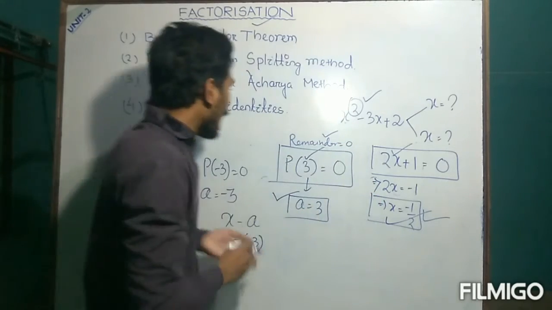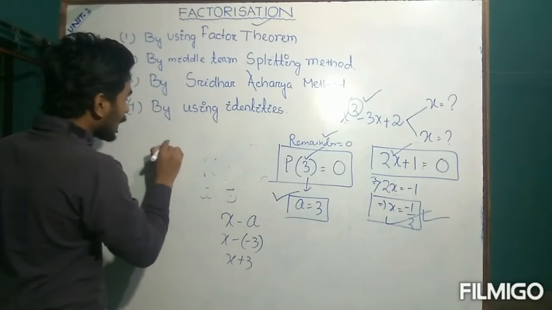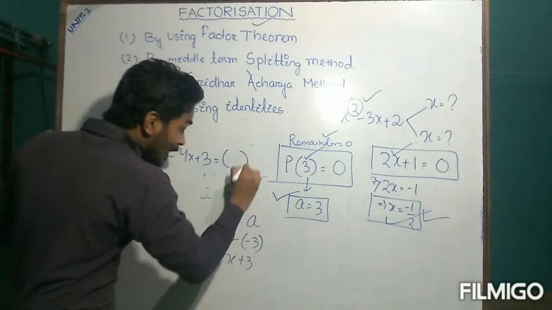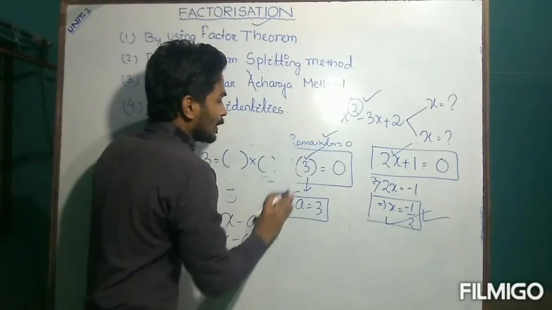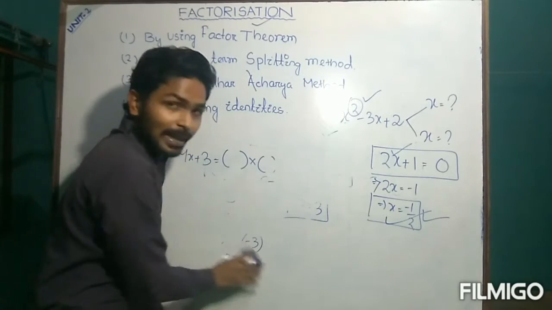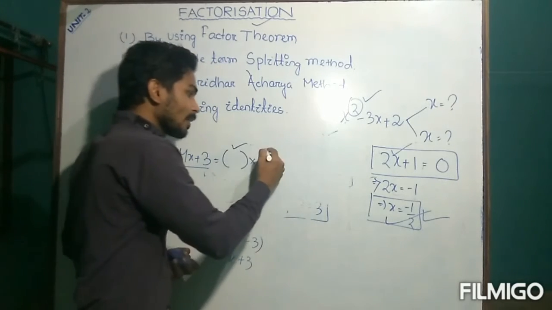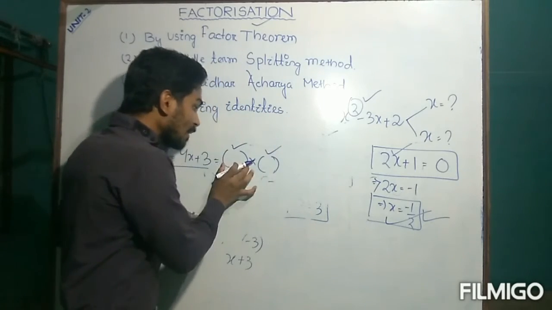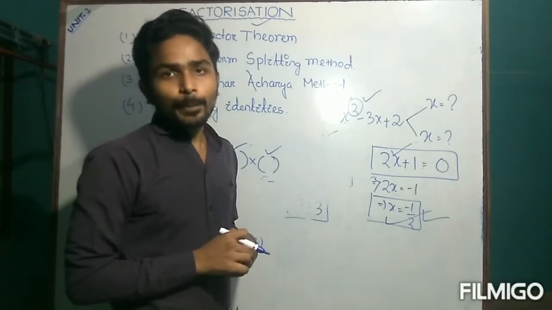That means how we can convert a quadratic polynomial into the product of two linear polynomials, that we will study today. A quadratic polynomial can be expressed as the product of two linear polynomials, as we know, and here we will derive what those linear polynomials are.